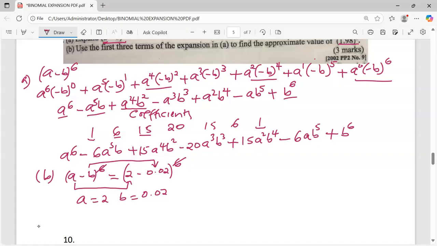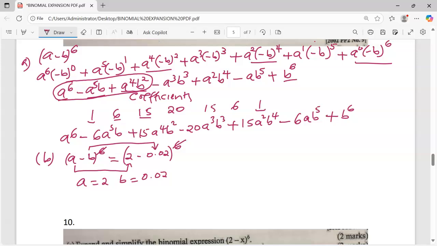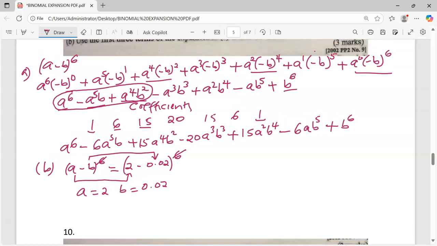Remember, we are supposed to use the first three terms, that is from a power 6 to a power 4 b squared. So at this point now, we are going to pick a power 6. Remember the value of a is 2. We raise it to the power of 6. Then minus, we have a, which is 2 power 5.